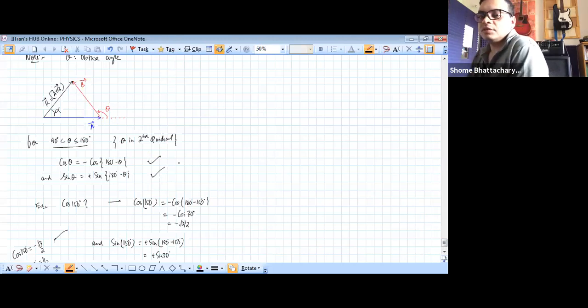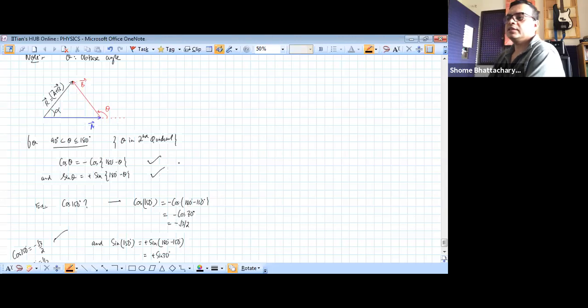Or in maths, sometimes in short form, we call it the ASTC rule. You may or may not have done that in maths yet. Yeah, very good. So if you've already done it, then it's good.